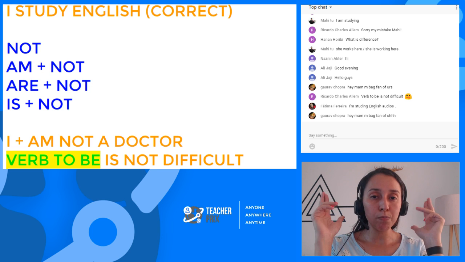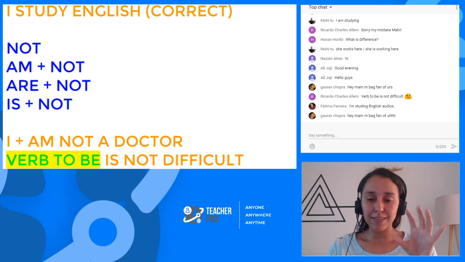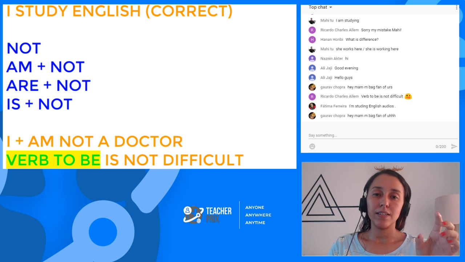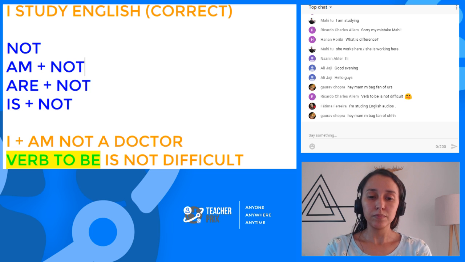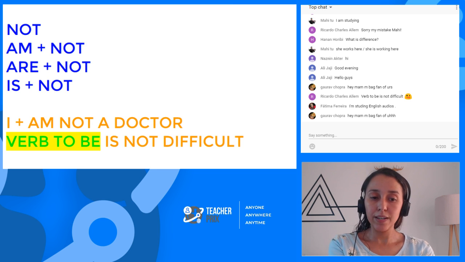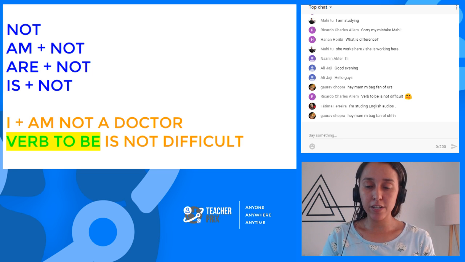Verb to be represents my person in the phrase. That's the subject that is in my phrase. Okay, so here I have a person, a subject, but it's not the pronoun.